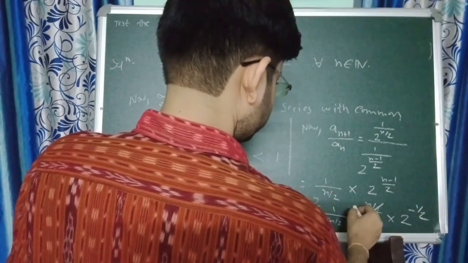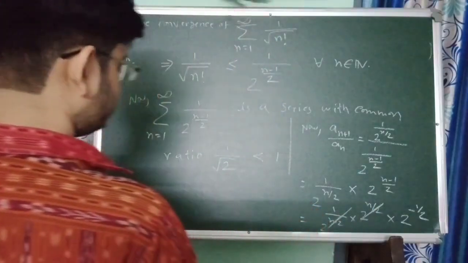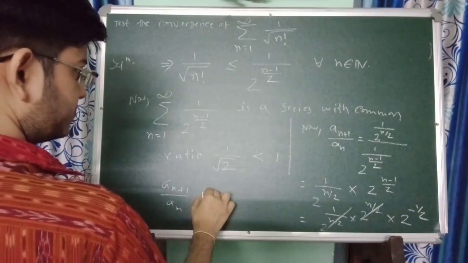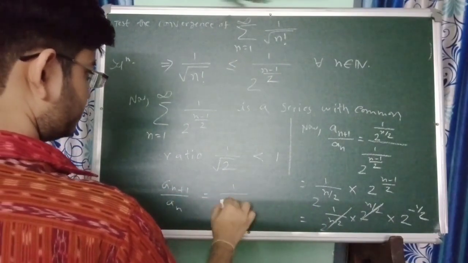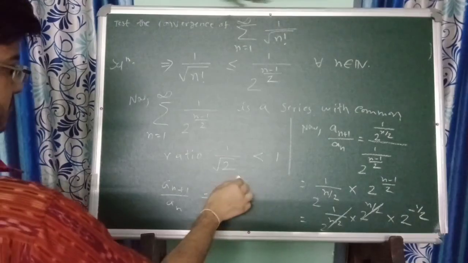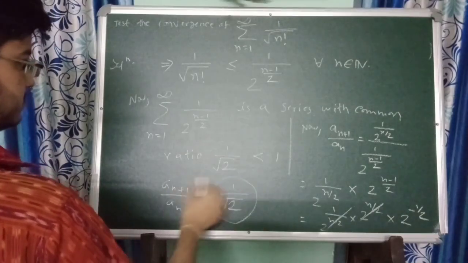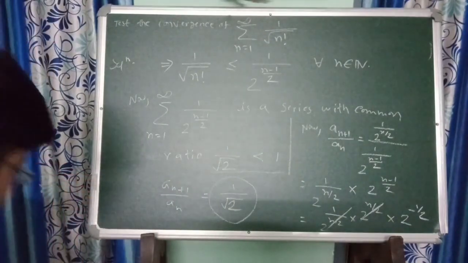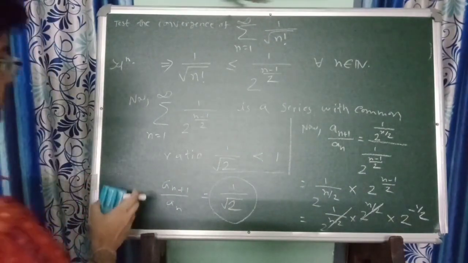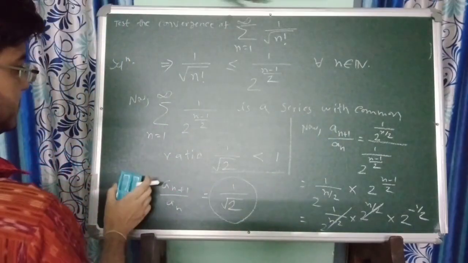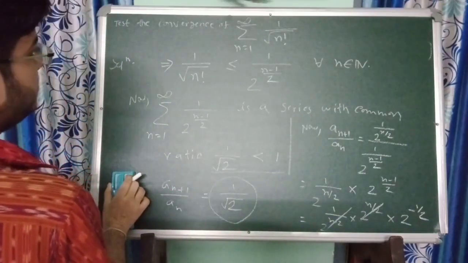This and this cancel, and finally a n plus 1 by a n is 1 by root over 2. So this is called the common ratio, which is here, which is less than 1. So in this we can find the common ratio in case of geometric series.